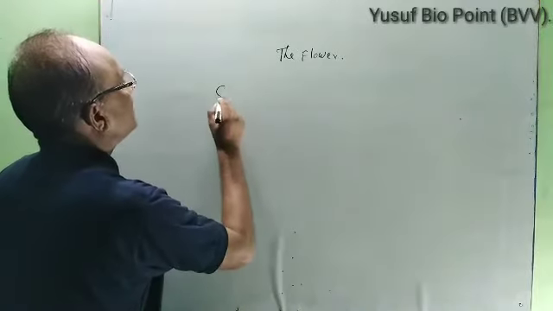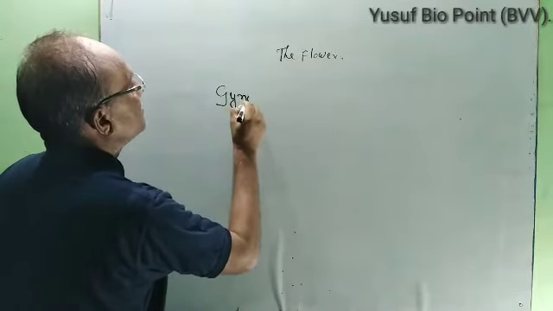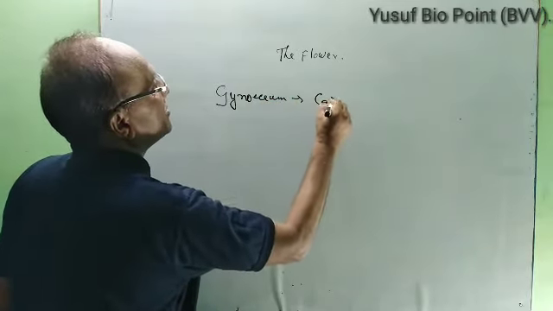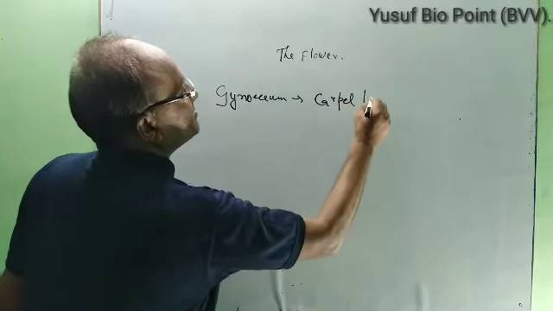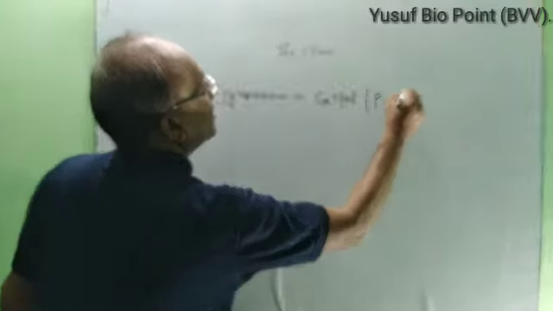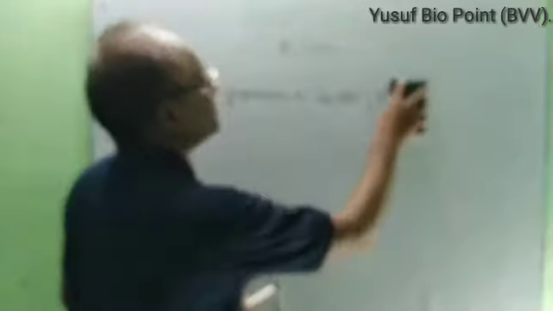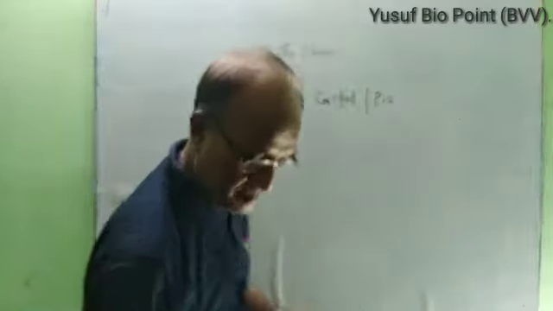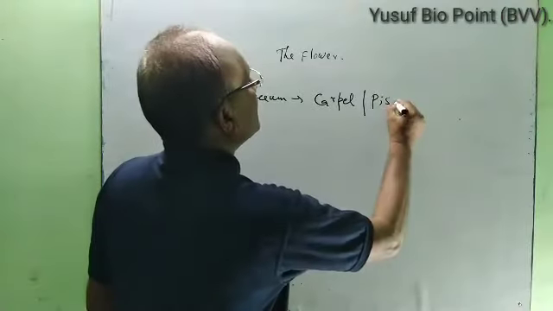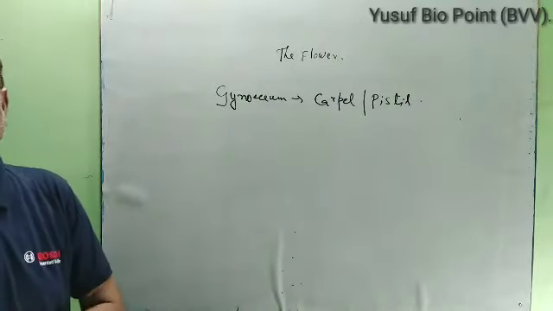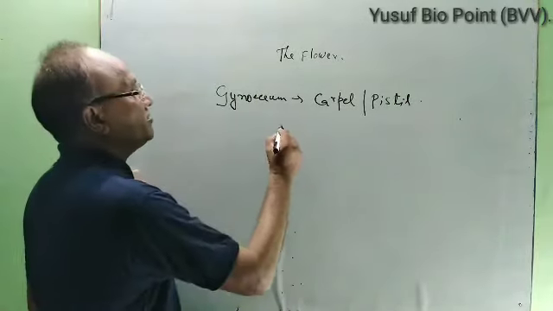Now the gynoecium, it is all called carpel or pistil. Pistil. Understand? They are the female reproductive organs.